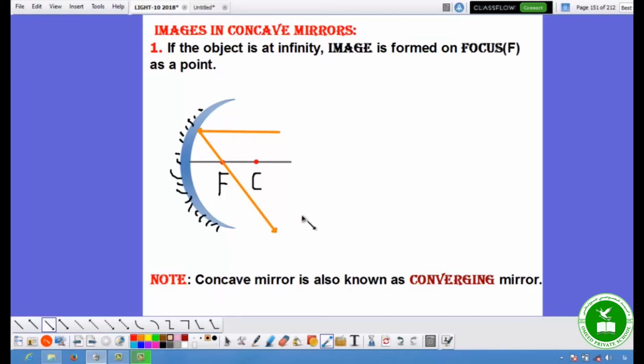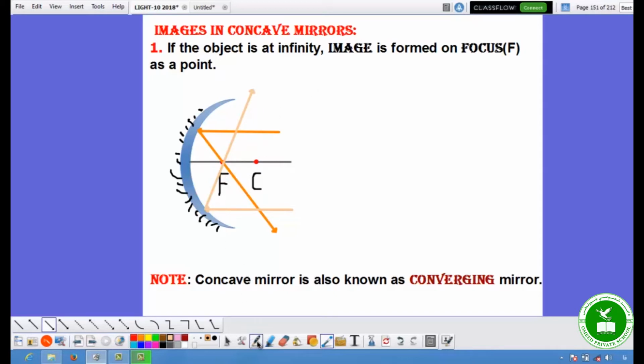If we use another special ray from this side, let's take it parallel to principal axis. You know this is principal axis. Then it will be reflected in such a way that it passes through focus. The intersection point of the reflected rays shows the image formation.